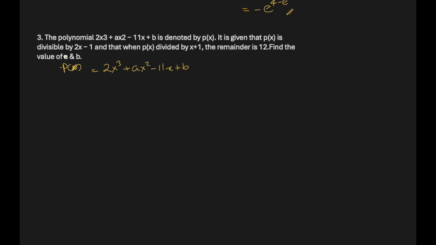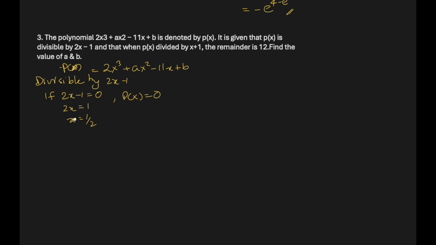It is given that it is divisible by 2x minus 1. That means if 2x minus 1 is 0, because if one of the factors is 0, the whole polynomial will become 0, right? Which gives us 2x equal to 1, x equal to half. p(x) will be 0 if 2x minus 1 is 0.